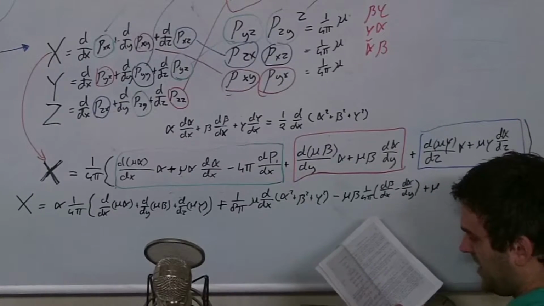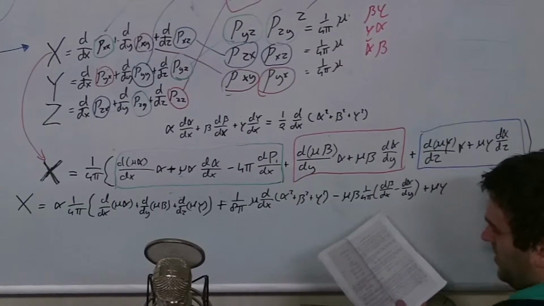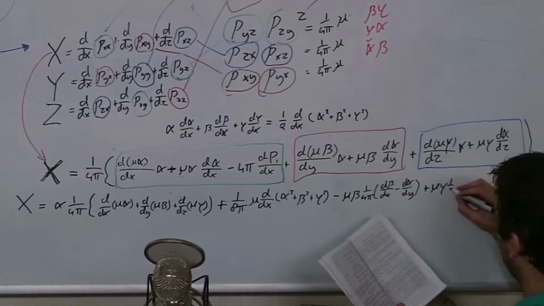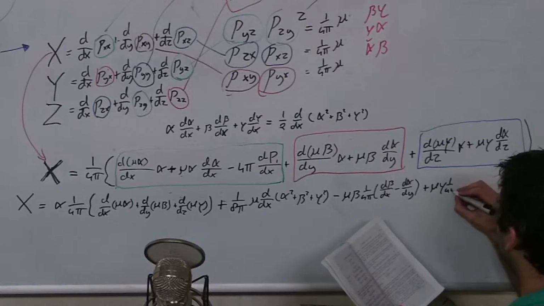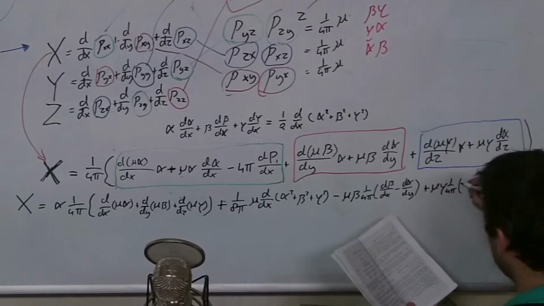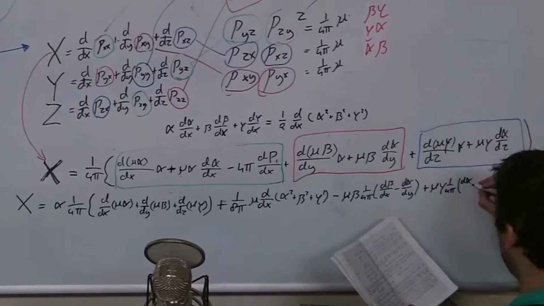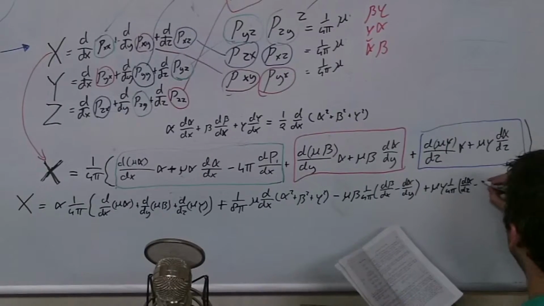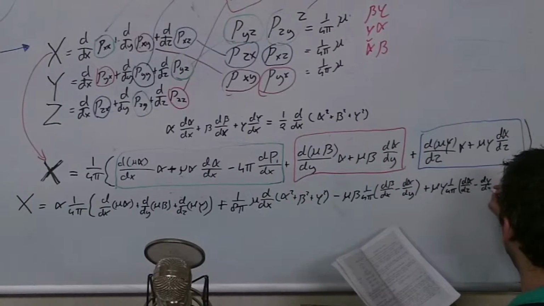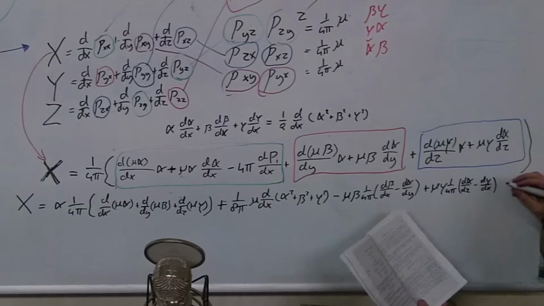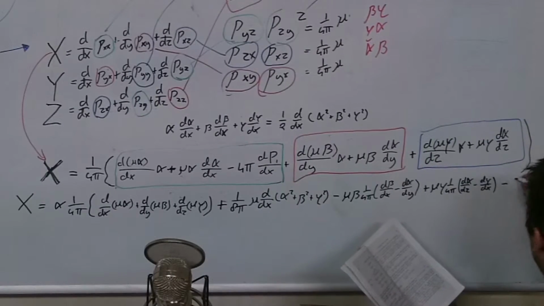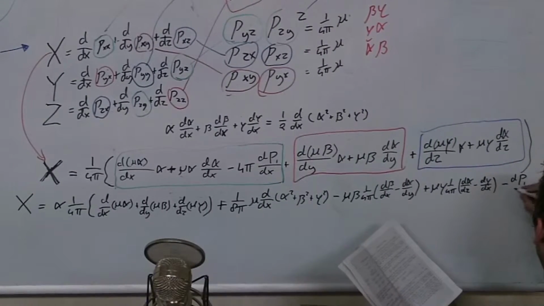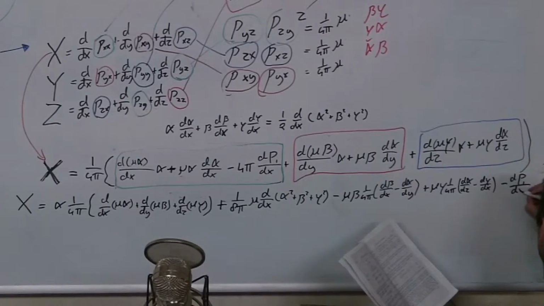I was scared that I might not make it till the end of the board, or that I didn't have enough room. 1/4 pi, and we open it, and then it's d alpha divided by dz and minus d gamma divided by dx, and it's almost the last part. And here is the final part of the formula: dp1 divided by dx.